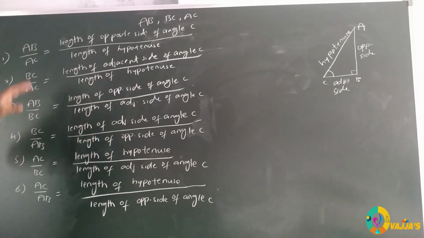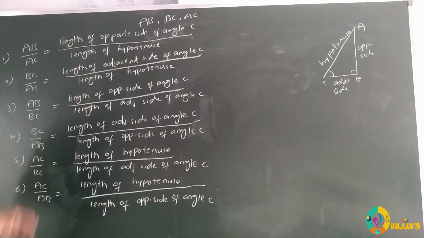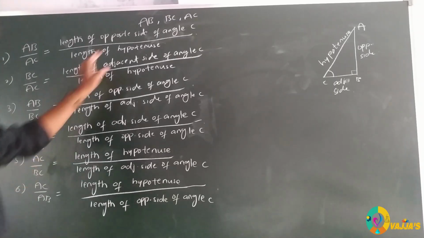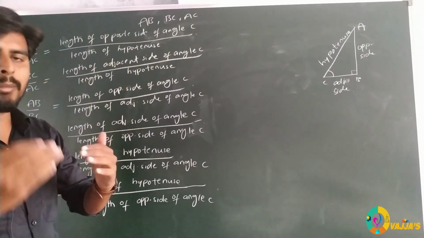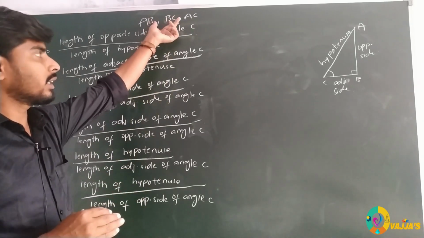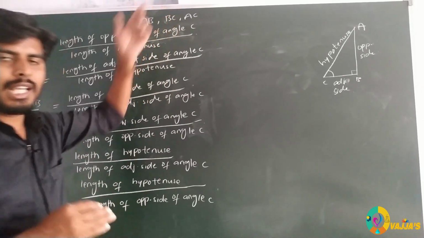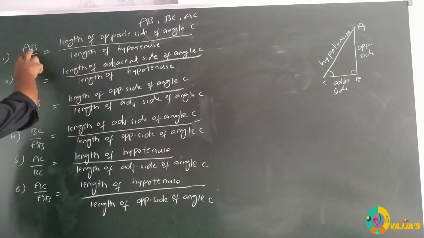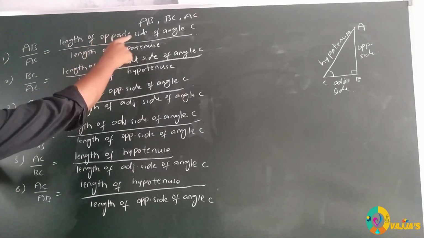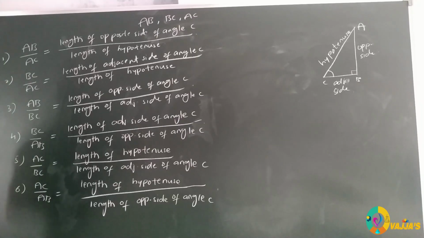So first of all, I am writing the six ratios here. AB by AC, BC by AC, AB by BC, BC by AB, AC by BC, AC by AB. These come from the AB, BC, AC sides. I made the ratios by using these three sides. With the three sides, I made 6 ratios here, and this AB is nothing but the length of the opposite side of angle C. I am making a relation with C here.